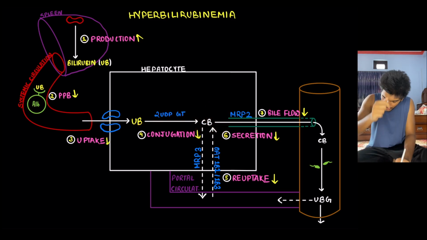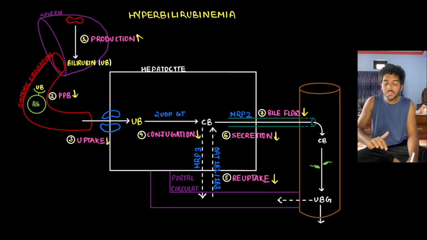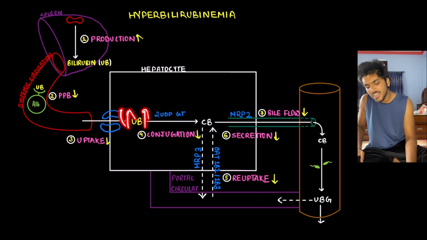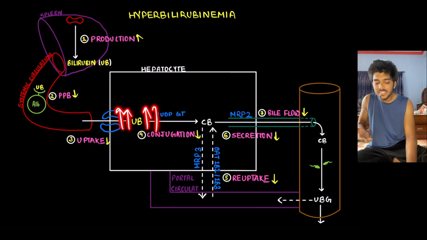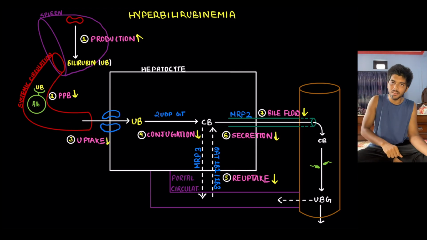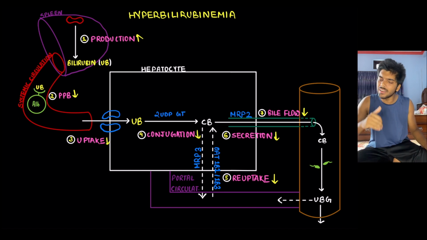Again, there is inflammation of the hepatocyte. Due to inflammation of the hepatocyte, there is loss of function of the cell. Due to loss of function of the cell, conjugation does not take place. Since conjugation does not take place, there is accumulation of unconjugated bilirubin in the cell. This accumulated unconjugated bilirubin gets pushed back into the circulation, leading to increment in the level of unconjugated bilirubin in the blood and unconjugated hyperbilirubinemia. Done.